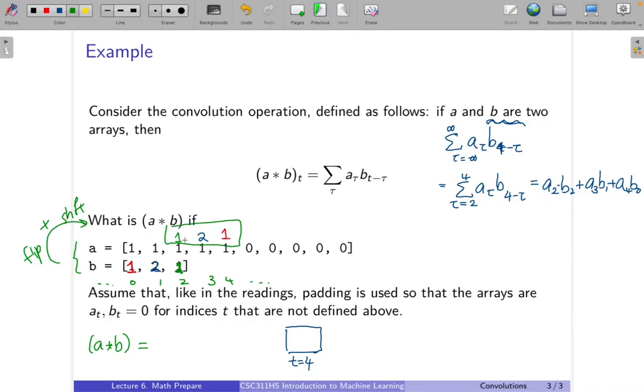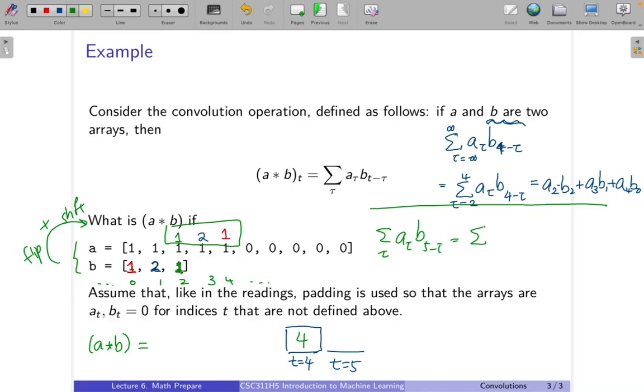And then now that we have these numbers aligned, we can multiply. Right, we can multiply 1 times 1 plus 2 times 1 plus 1 times 1, and that's going to give me the number 4. If we go to a different value of t, let's say t equals 5, then we use a different color. Then my summation over tau of A tau B 5 minus tau.